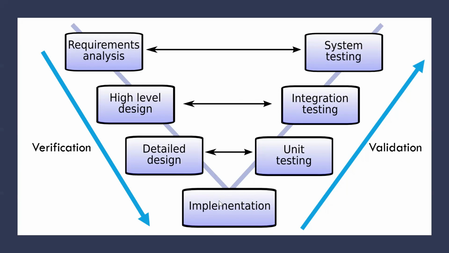No, one module is developed, we will do the unit testing. We'll group it together, do the integration testing. Group it together, we'll do the system testing. So it solved most of the things, but yes, the issue of accommodating changes was still there. So that's why this was also not that successful a model, but yes, it was a better version of the waterfall methodology.